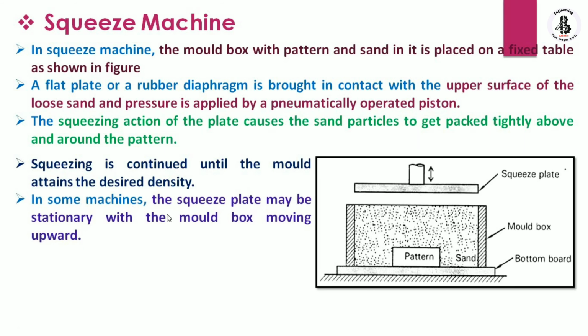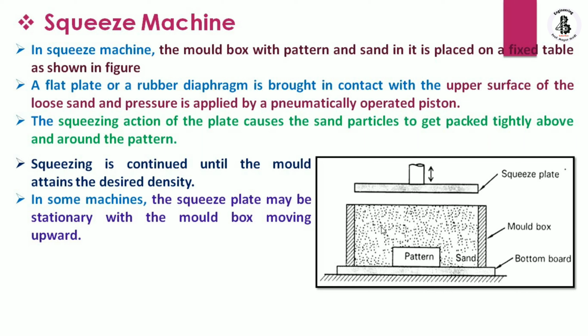In some machines, the squeeze plate may be stationary while the mold box is moved upward. So the squeeze plate stays stationary, and the upward motion holds the assembly of the bottom board with the pattern and the mold box with the sand.